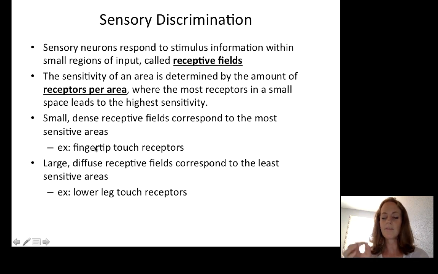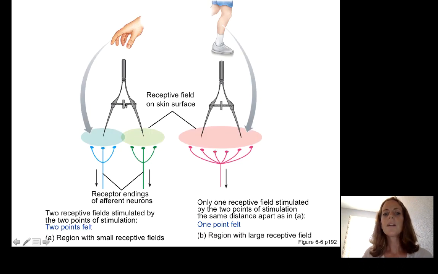For example, fingertips will have very small, dense receptive field areas. Large, diffuse receptive fields will correspond to the least sensitive areas. For example, your lower leg or your forearm. So here's a view of that. So here's fingertips, where if you look at any given space, you will have very small, dense receptive fields on your fingertips.